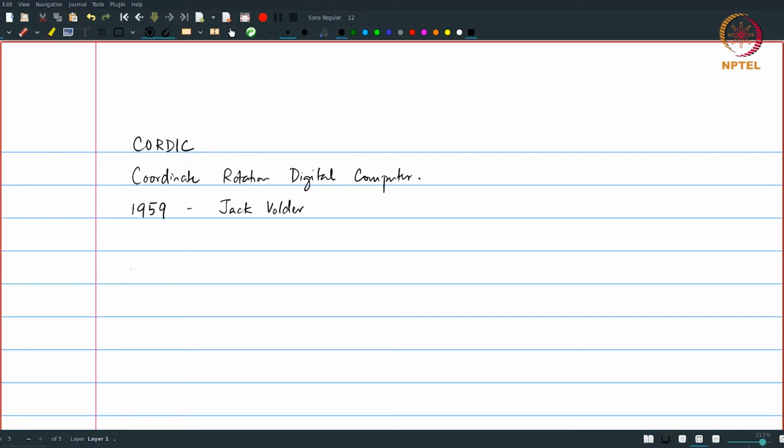There are two core ideas that are used in the CORDIC algorithm. One of them is the concept of binary search, or at least dividing your search space, even if not in binary, at least into much smaller segments which converge much faster. The other core idea that is used over here is called strength reduction.